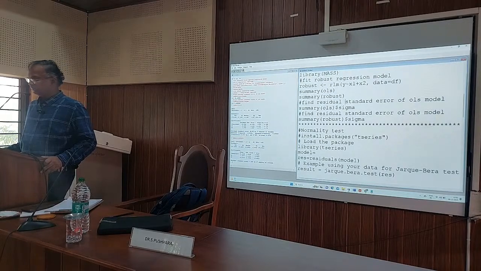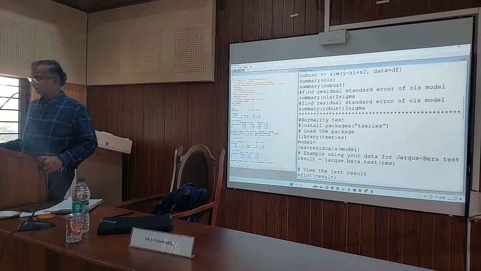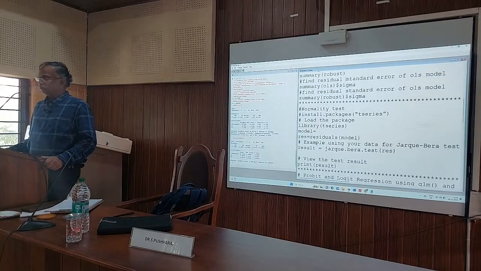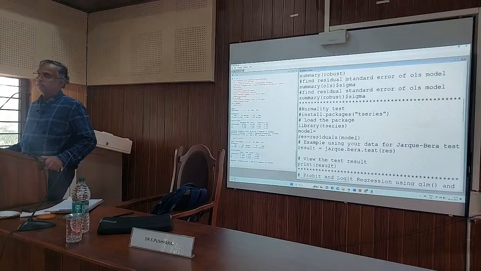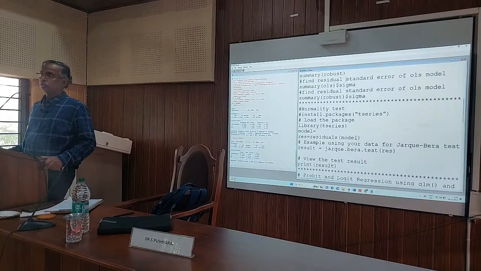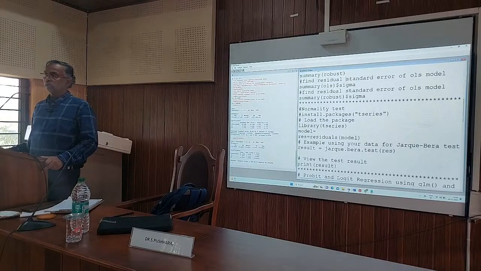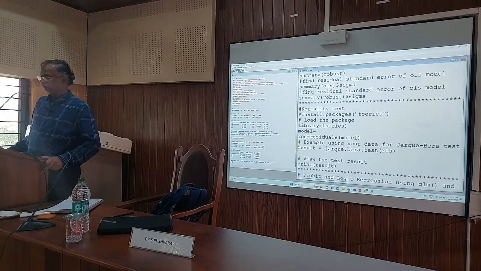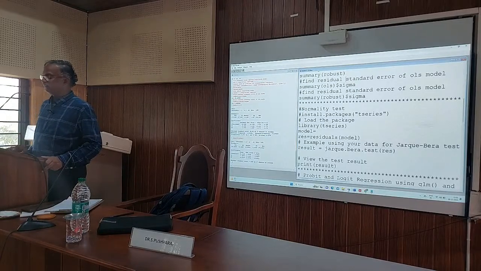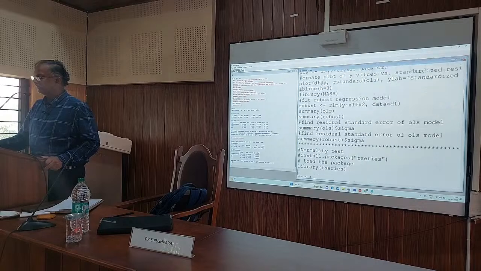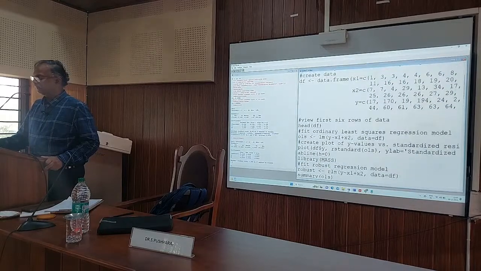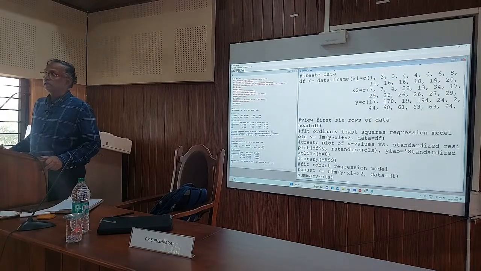In tseries, you have a function called jarque.bera.test. For that, you have to give the residual values from your OLS model. Here, I have not specified anything. In fact, I wrote it, but it went off. I'll write it again, it's very simple. I'll read the data. I've sent you the data, SLRM.